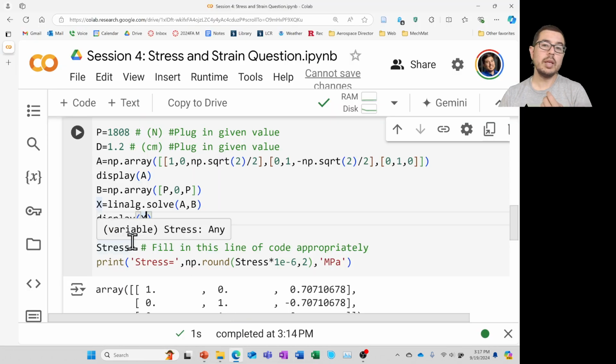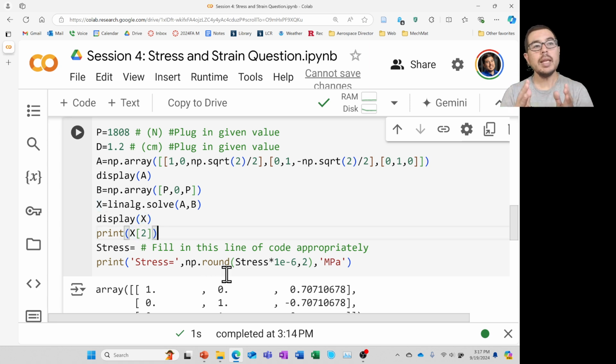So we're interested in member 3, and this may be something that throws people off. The arrays in Python are 0 indexed. If you've used MATLAB, they are 1 indexed. What does that mean? That means that the first element in an array or a vector or a matrix would be given by spot 1. In Python, the first element in an array is given by 0.